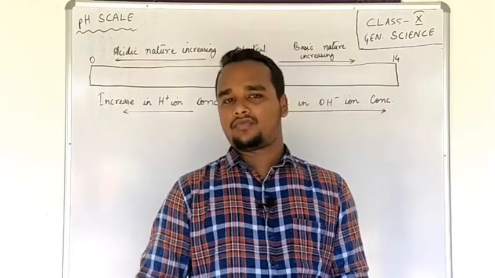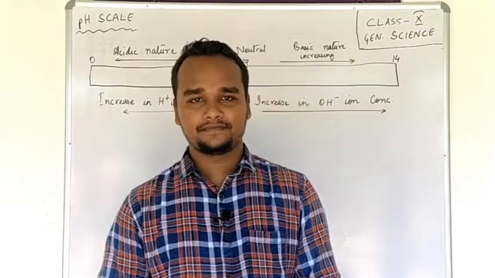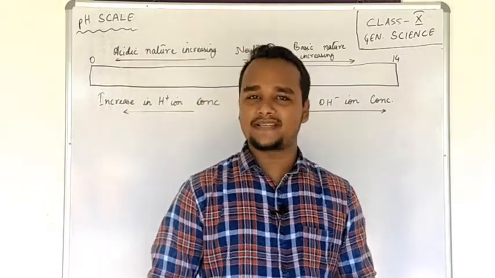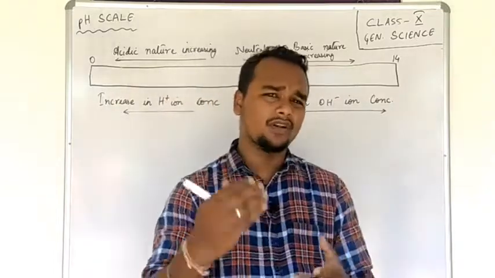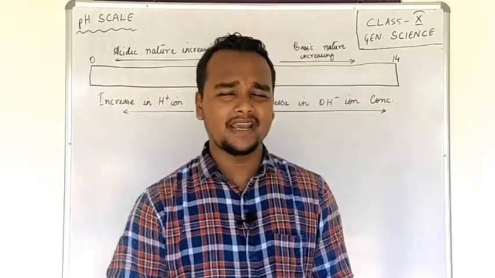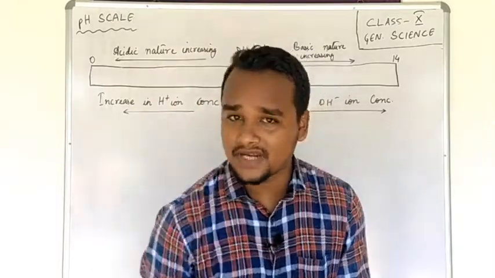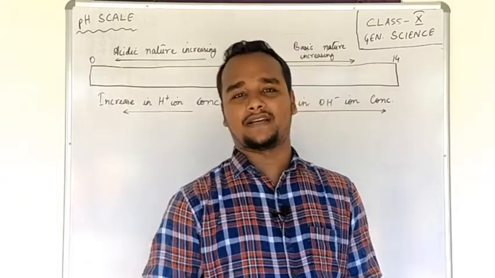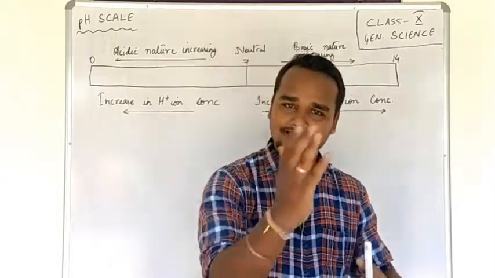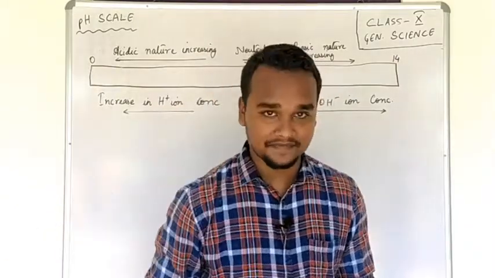So now we are going to discuss the pH scale. This topic is basically based on the indicator. I hope you can recall the topic indicator. What were these indicators? They were those substances which tell us whether a substance is acidic or basic by changing their color.